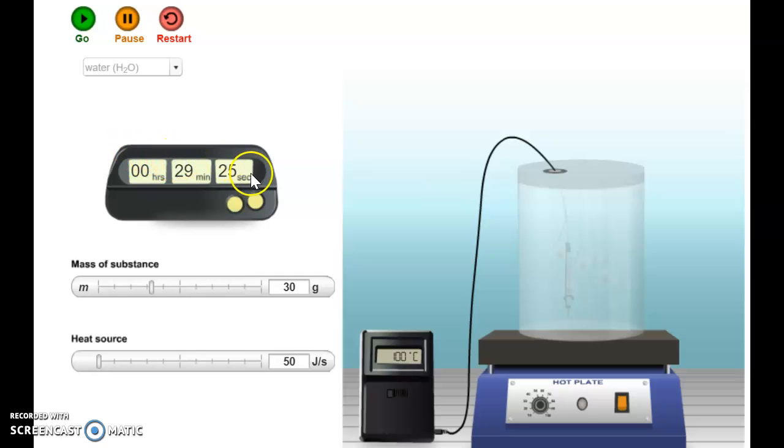So now at 29 minutes, 25 seconds, the liquid has fully turned to gas. It's still 100 degrees Celsius. We have just gas now. We're going to go and see when the gas is going to end.